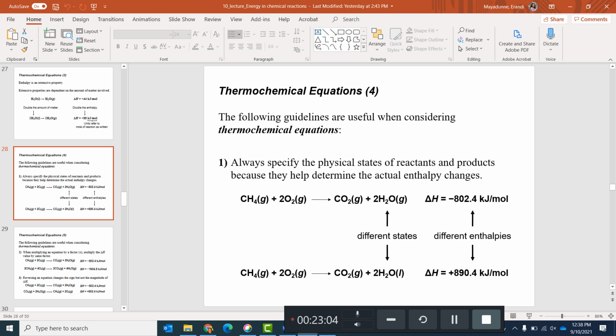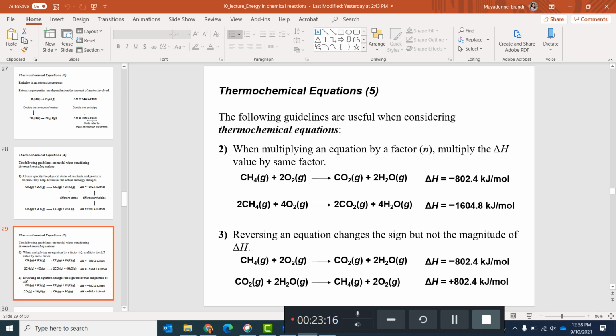But here, water liquid, there is a phase change, so there are different enthalpies. It matters whether the water is a liquid or a gas, because there's an enthalpy change. And when you multiply the equation, always multiply the delta H. Reversing the equation changes the sign. If methane and oxygen combustion releases energy, then combining carbon dioxide and water to form methane and oxygen absorbs energy.